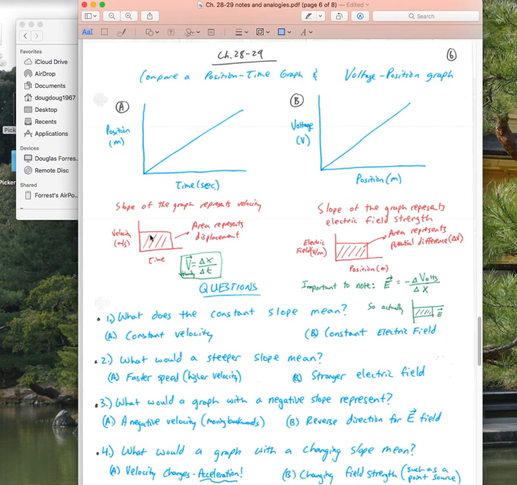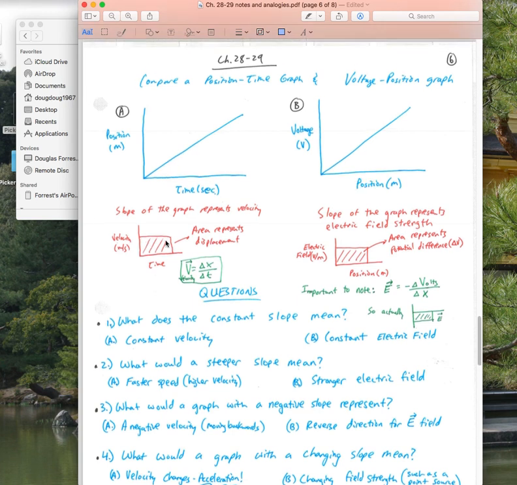If we look at a velocity versus time graph for this position graph, we have a positive velocity over time. The area represents displacement. And remember, the velocity would be the rate of change of this graph with respect to this. Now, the area of this graph represents potential difference.